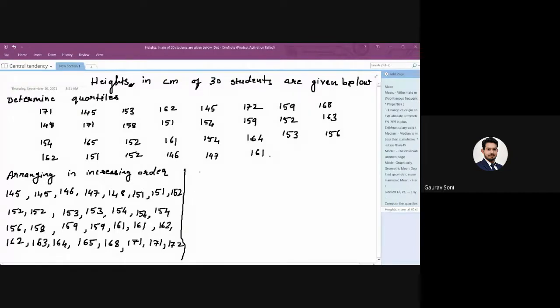Now, Q1, what is the formula? (N plus 1) by 4th observation. How many N do we have? 30. So 31 by 4th observation.